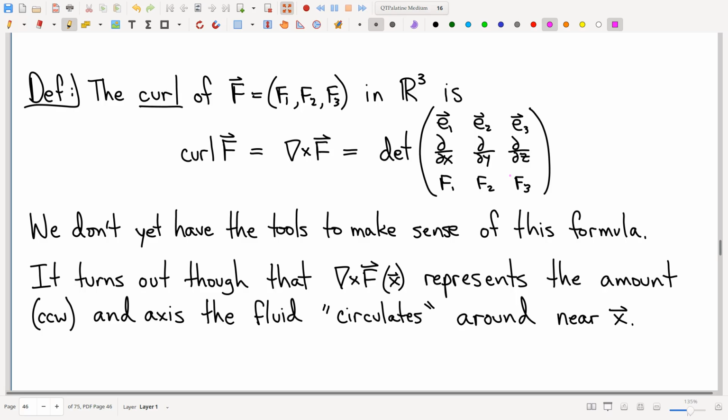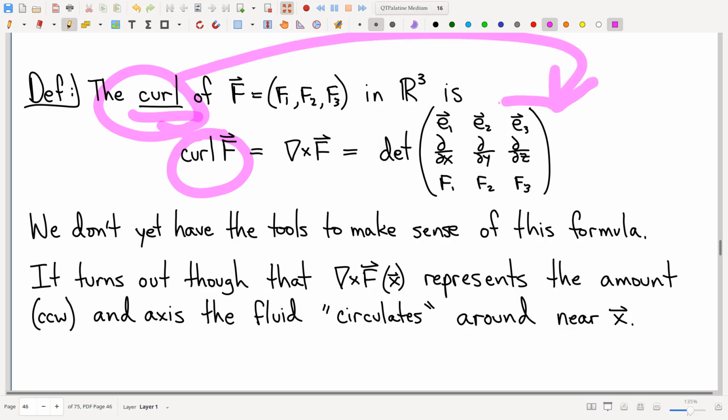Okay, so this one is called curl, which is denoted like this, and is computed by this wacky formula here. So it's like double symbolic, right? It's a symbolic determinant, kind of triple symbolic.